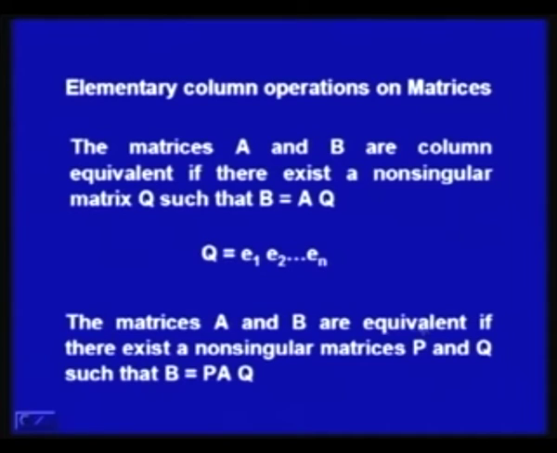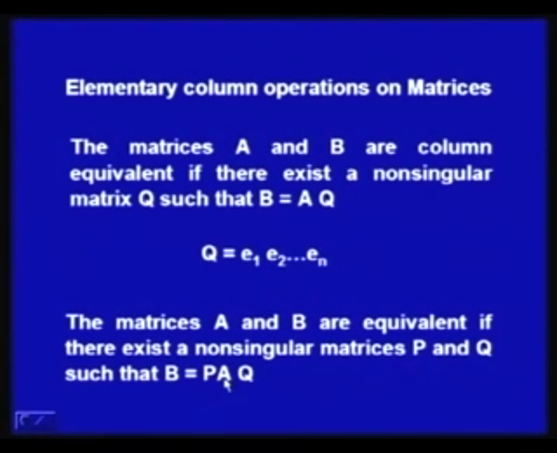Now, the matrices A and B are equivalent if there exist non-singular matrices P and Q such that B is equal to PAQ. See, you have a matrix A and a matrix B. One can obtain matrix B by applying simply row transformations, or by applying column transformations, but sometimes we apply row as well as column operations to the matrix A to get the matrix B. If there is such a situation, then we say B is P times A times Q. What is P?